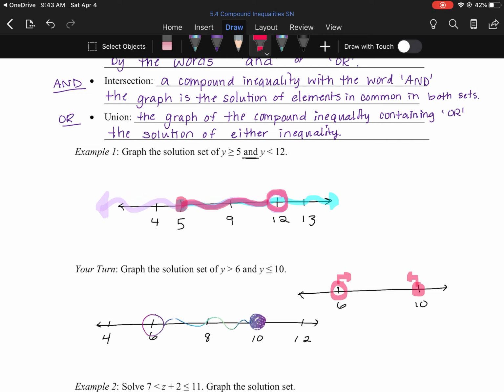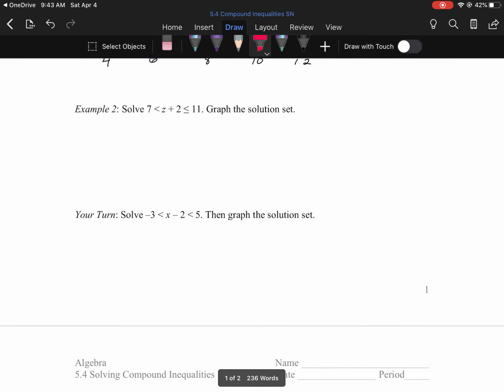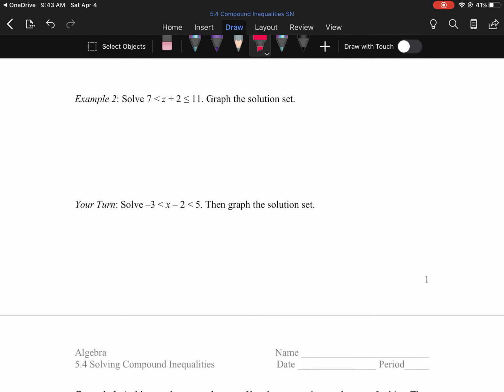And y is less than 10, well, that's going to be a closed circle, and that's going to be shaded that way, so then I can clearly see they're going to overlap just in the middle, so that you don't have to have all of that. But by all means, if you like to do it like I did for example 1, please feel free to do that.